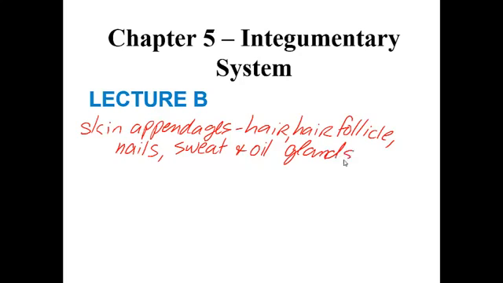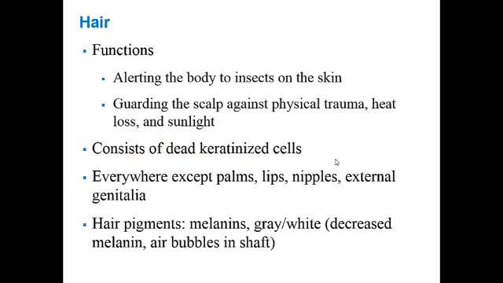Each of these plays an important role in the functioning of the skin. A key step in forming any of these appendages is the formation of what's called an epithelial bud. We're going to talk about these next, starting with the important skin appendage, which is the hair.